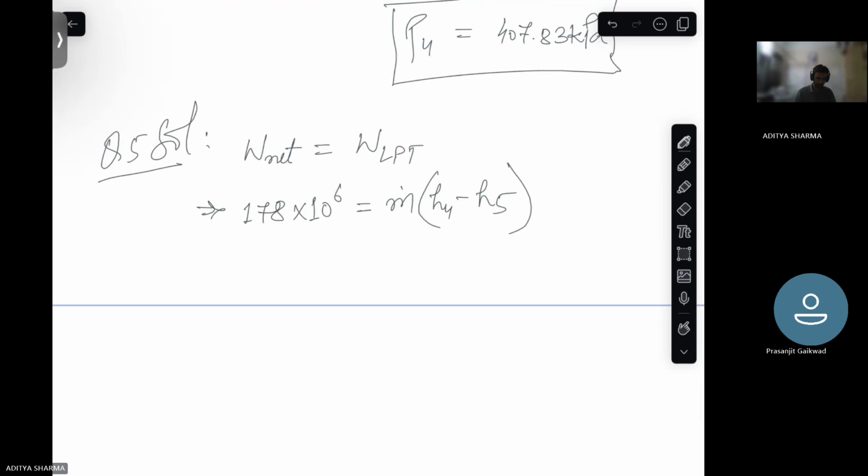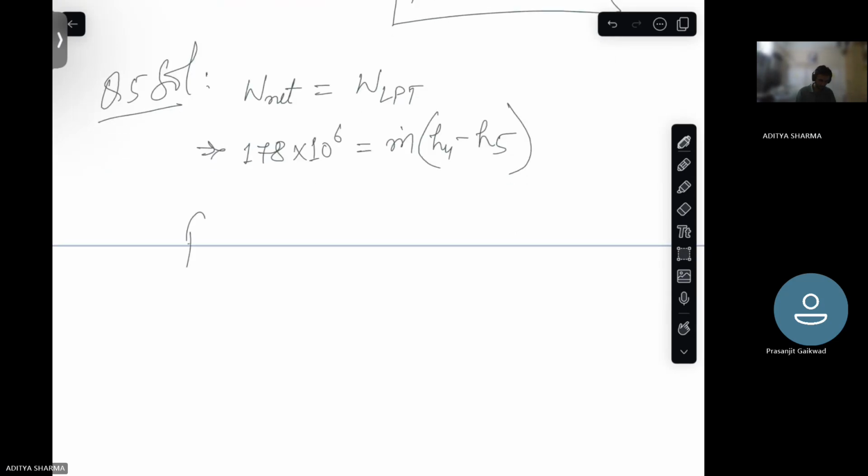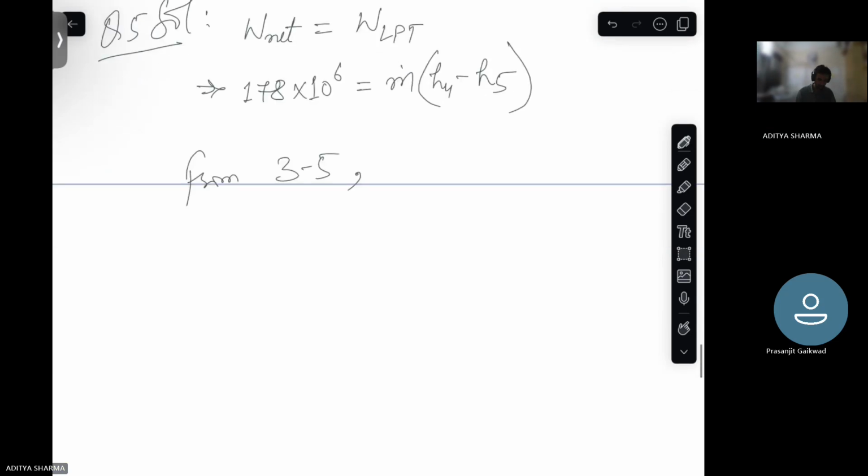Now for the whole turbine, from 3 to 5, T5 by T3 is equal to P5 by P3 raised to gamma minus 1 by gamma.